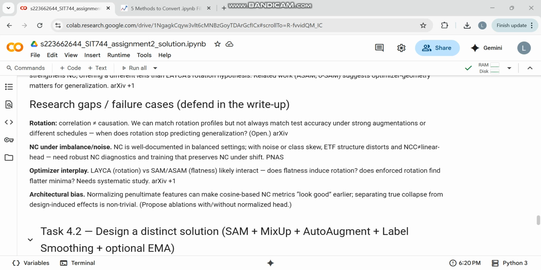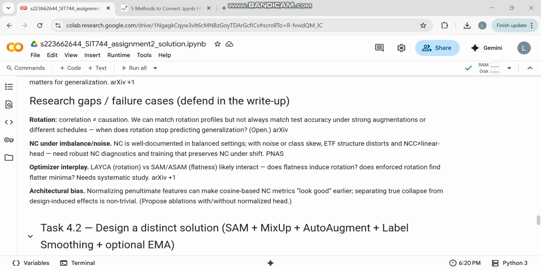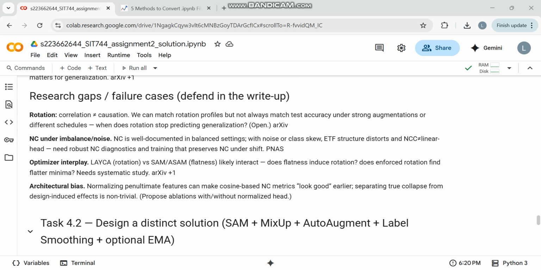Run a 2x2 grid with or without Leica, and with or without SAM, to separate the effects of rotation and flatness. Second, robustness of NC: is the collapse clean on imbalanced data? Under class imbalance and label noise, ETF structure degrades and NCC is not equal to the linear head.